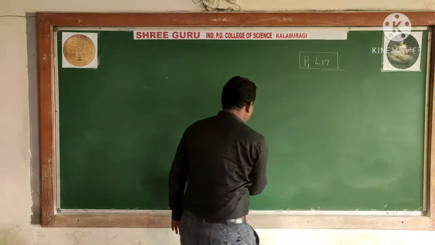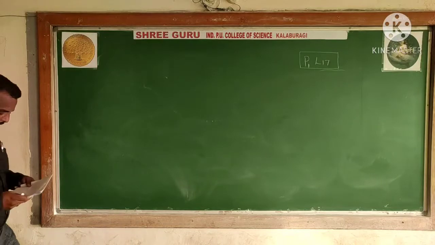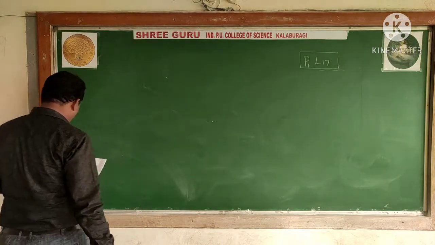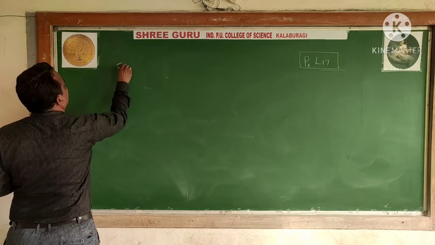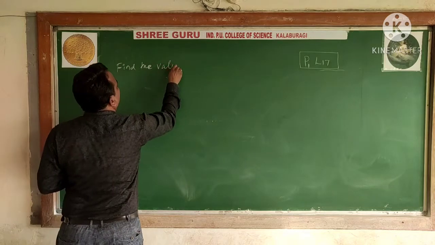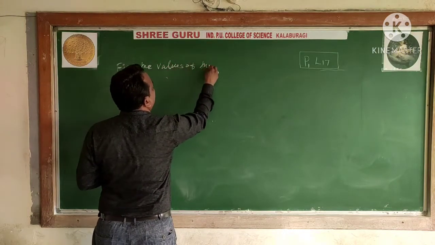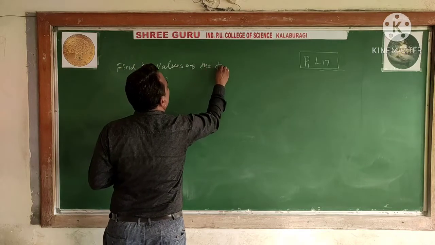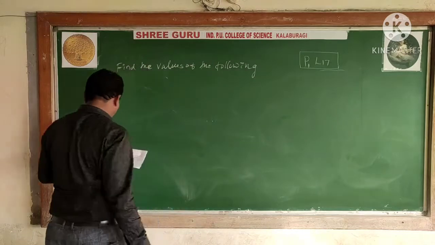Here I will give the same two examples as homework. You may calculate yourself, students. Now I will do the same type. I hope you calculated the homework. Find the values of the following.